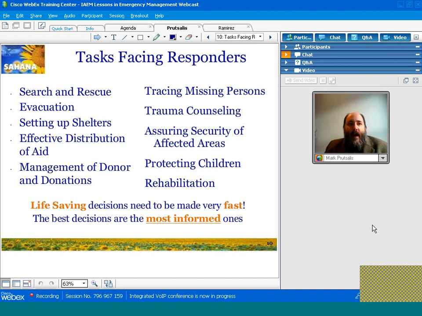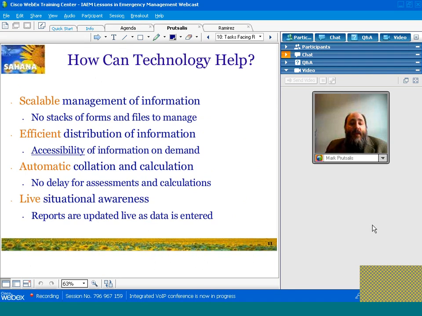Again, these are some of the tasks facing responders during the response phase, and it includes many of these activities here. Life-saving decisions need to be made fast, and the best decisions are going to be the ones that are the most informed. So this is the area where technology can particularly help.